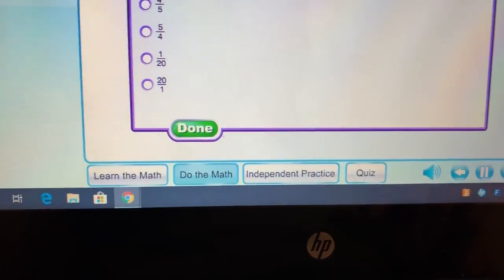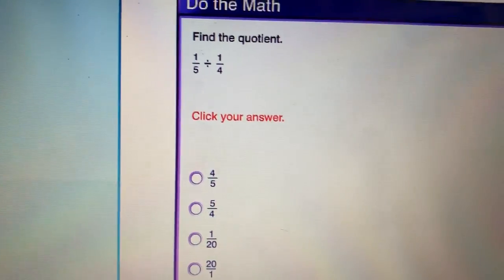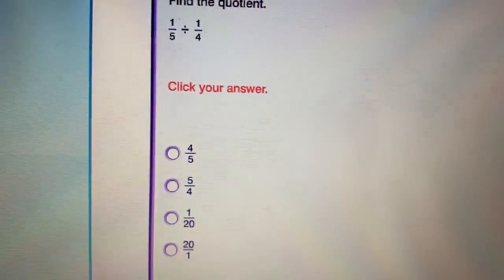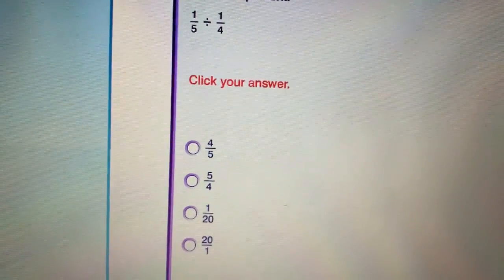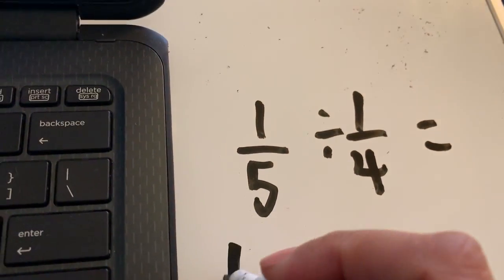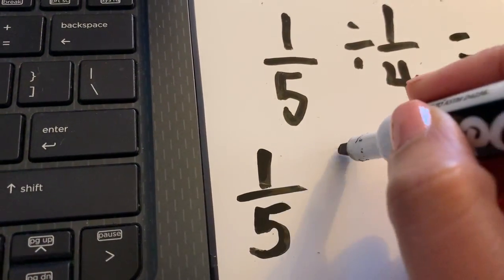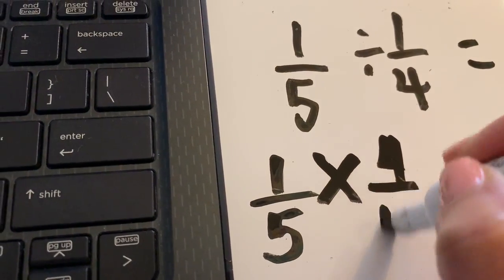Okay? Let's do the next one. 1/5 divided by 1/4. By now you should be able to do this by yourself. I'm going to keep the first fraction, change the division into a multiplication, and flip the second fraction.